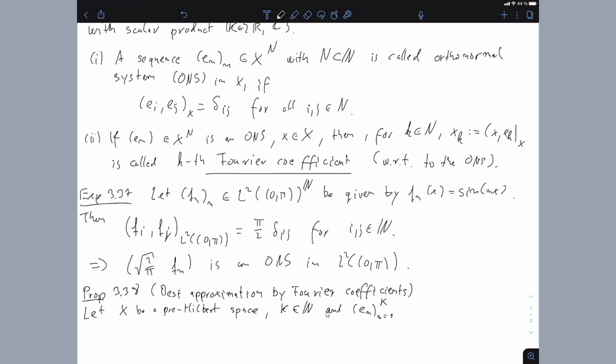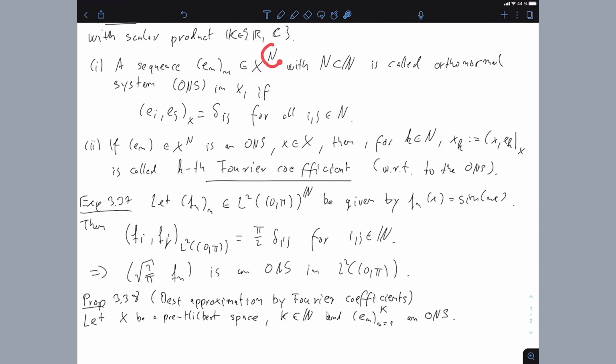So k elements that are orthogonal to each other and have norm 1. This is if we take this definition here and use k as the index set. The numbers 1 to k are now our index set, just a subset of the natural numbers.